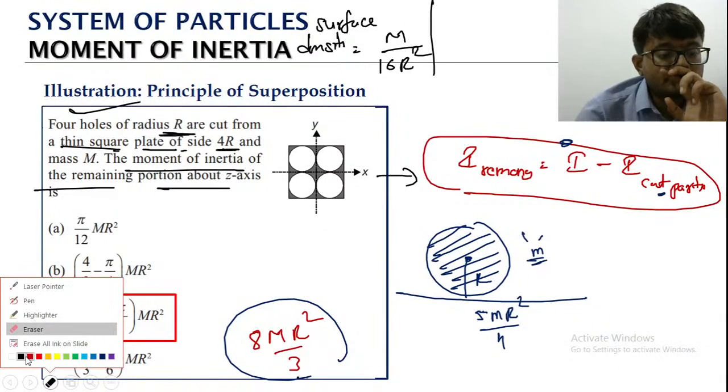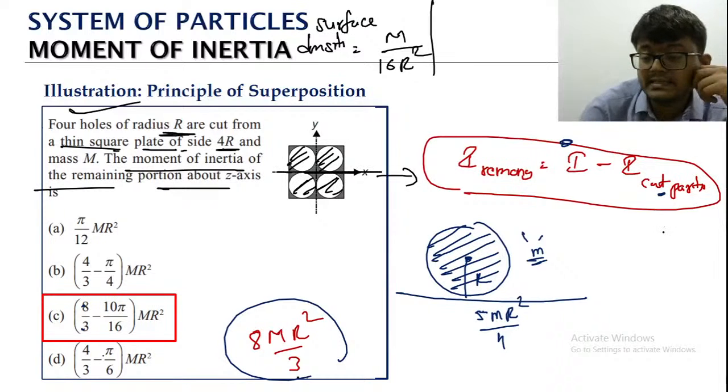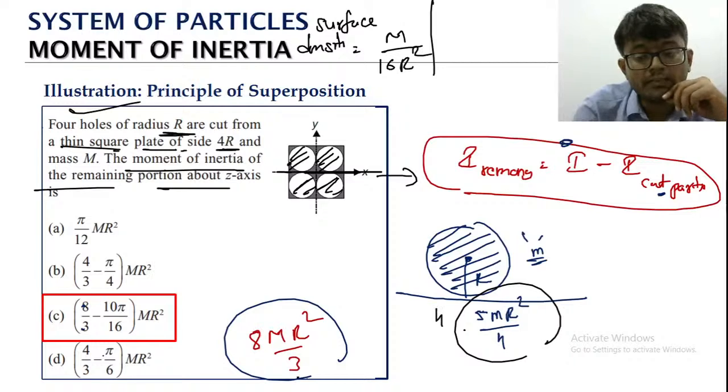Now there are 4 such identical discs: 1, 2, 3, 4. All of them are identical with respect to the x-axis, which means the moment of inertia has to be taken 4 times.